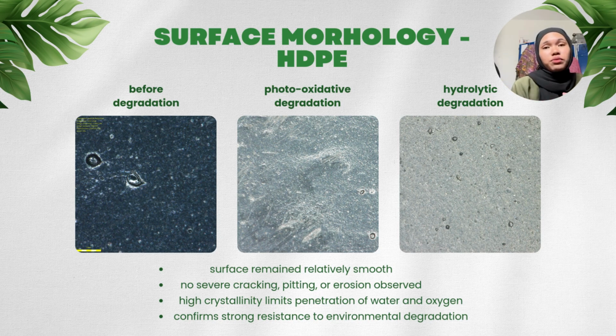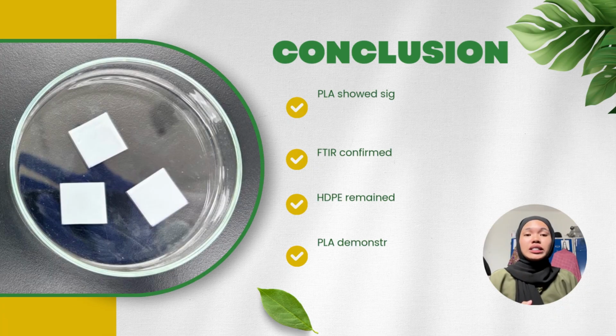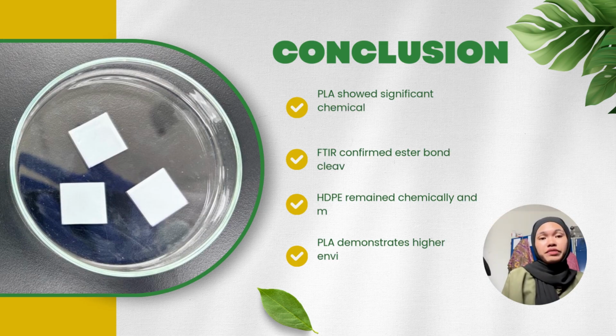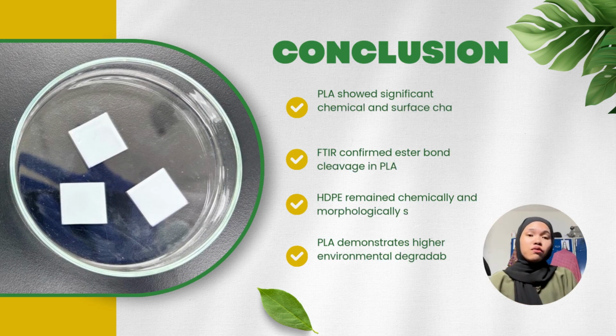The morphology results are in good agreement with the FTIR findings, confirming that HDPE undergoes minimal structural and surface modifications under the same degradation conditions. In conclusion, PLA shows significant chemical and surface changes after hydrolytic and photooxidative degradations.